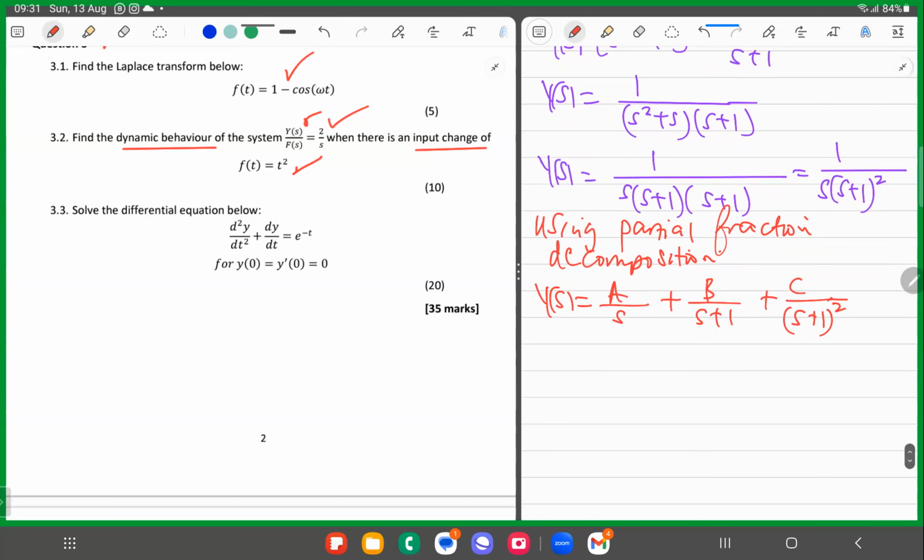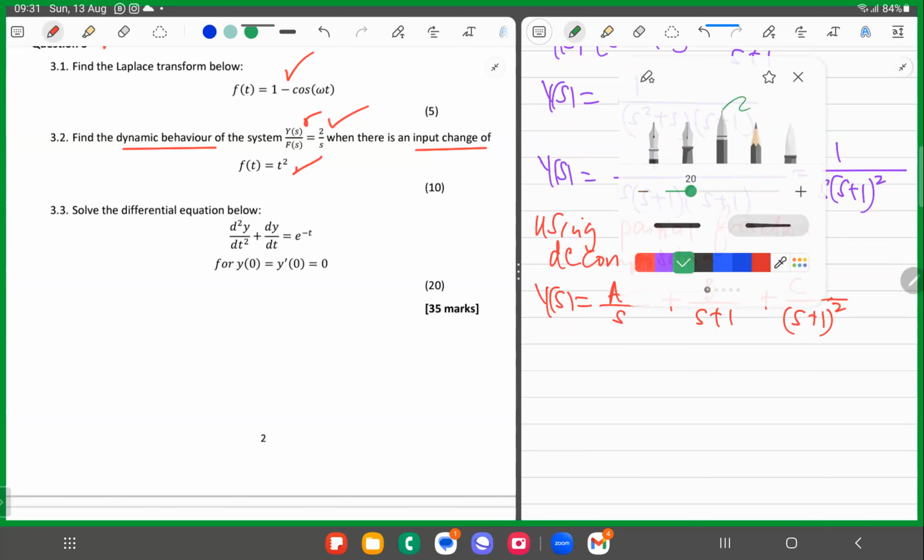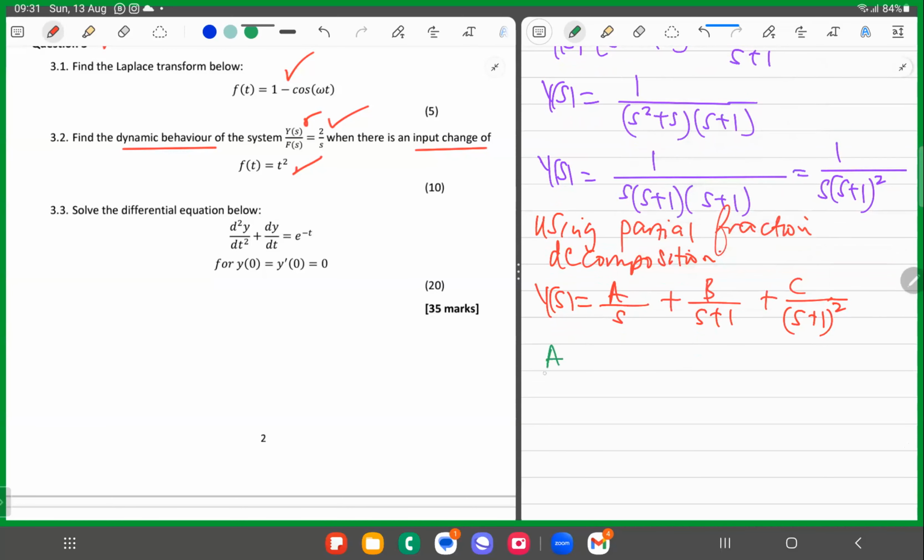So the implication is clear. A over s plus B over s plus 1 plus C over s plus 1 squared is equal to 1 divided by s into s plus 1 squared.